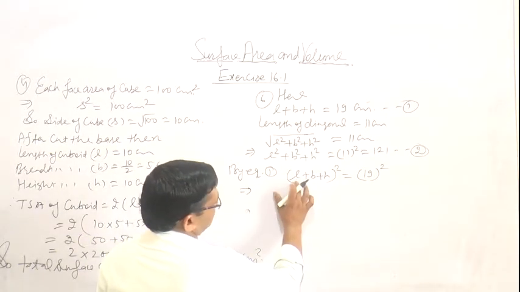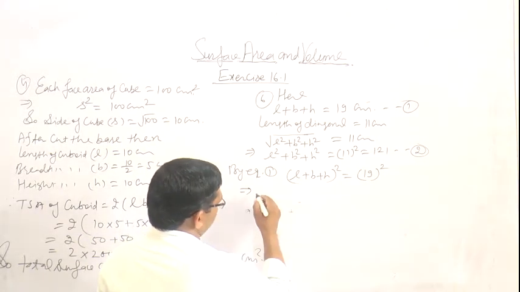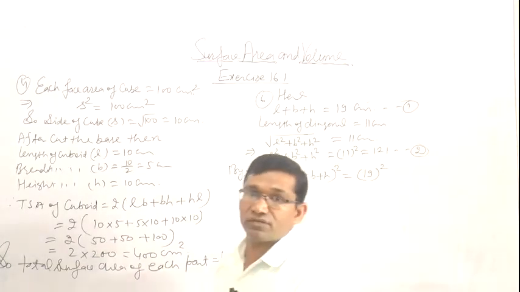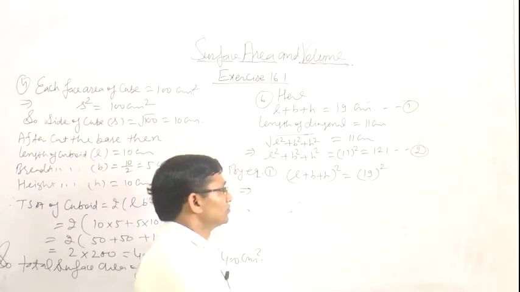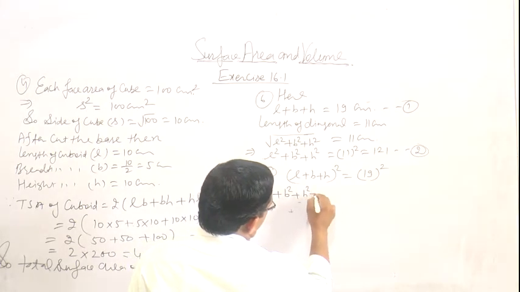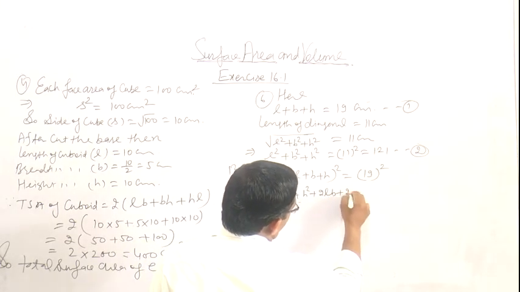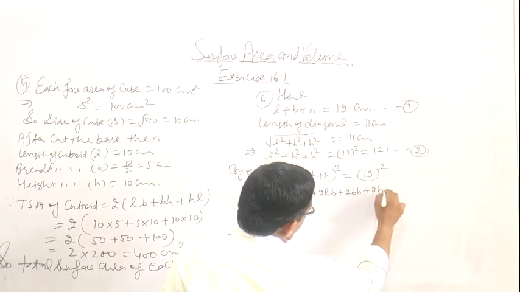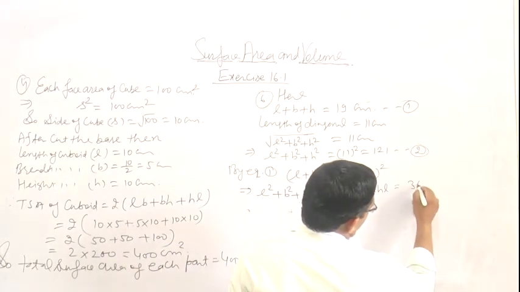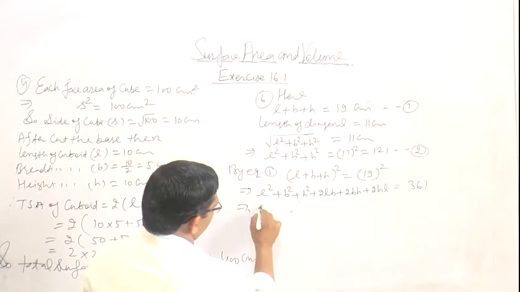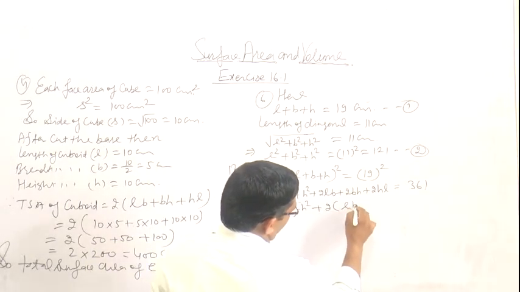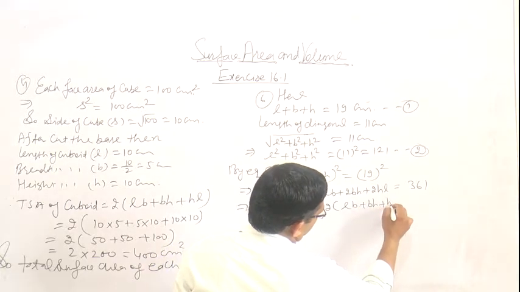We know that x plus y plus z whole square is x square plus y square plus z square plus 2xy plus 2yz plus 2zx. So we use this identity. L square plus B square plus H square plus twice LB plus twice BH plus 2HL is the whole square of L plus B plus H. Then 19 square is 361. 2 is common, so LB plus BH plus HL.